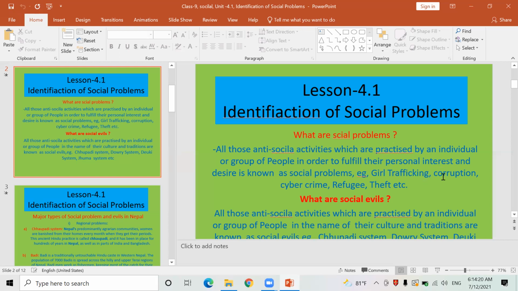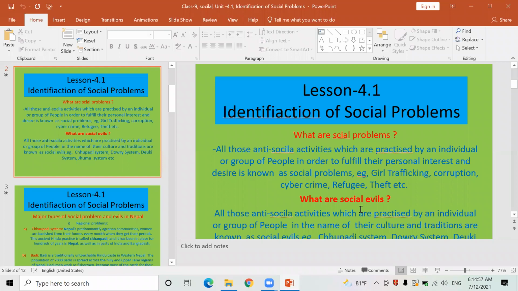Because if any leader involves in corruption, definitely developmental activities may not take place smoothly in a particular province or district. Similarly, cyber crime, cyber aparat, refugee also, similar theft, chori, dokaiti, especially chori, refugee, Saranarthi. These all are examples of social problem. These happen because of the interest of an individual or a group of people.